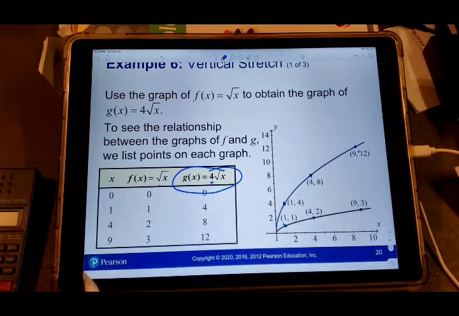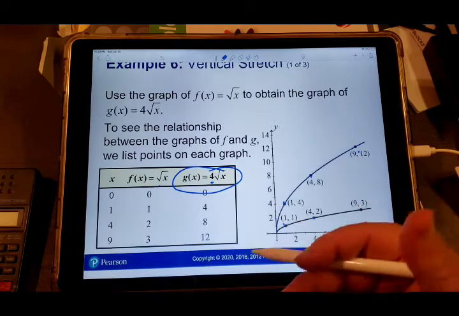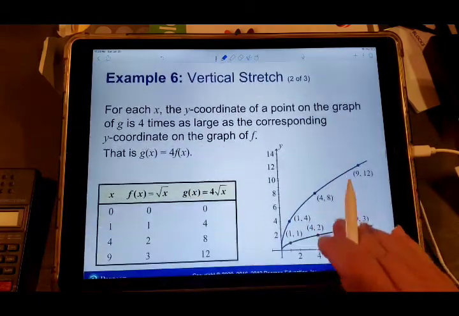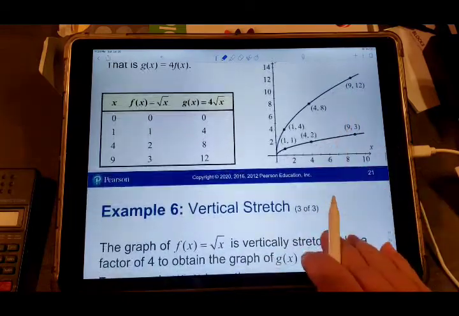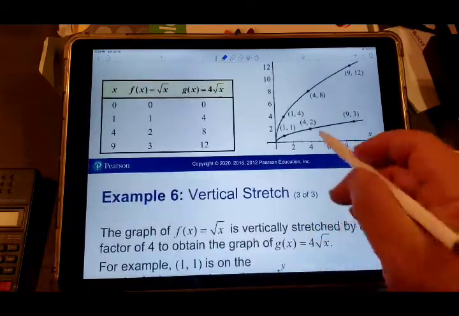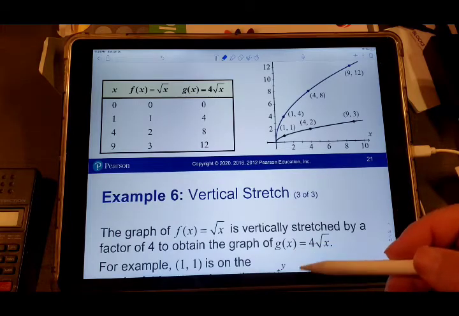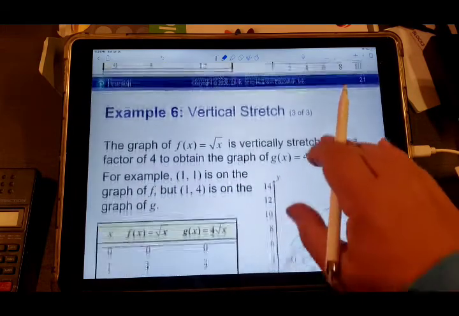So if you put a multiplication right in there, it is a stretch along the y-axis. So vertical stretch. By the way, you can always plot points on a problem like this, so that's not taken away from you, but stretching can help you visualize what's going to happen.